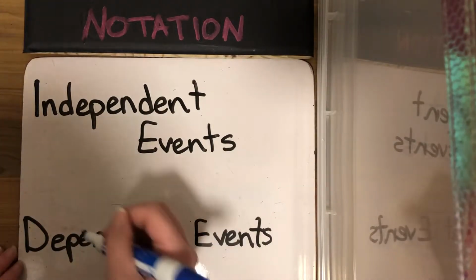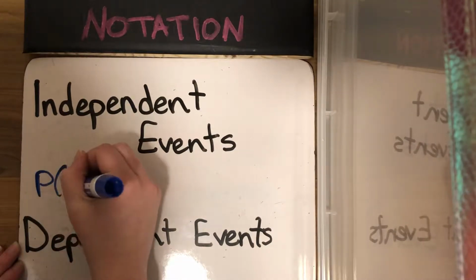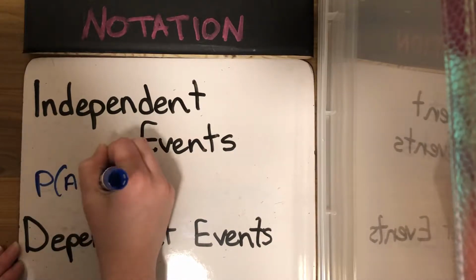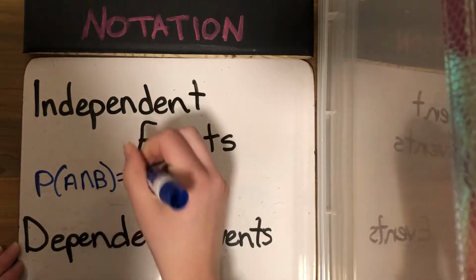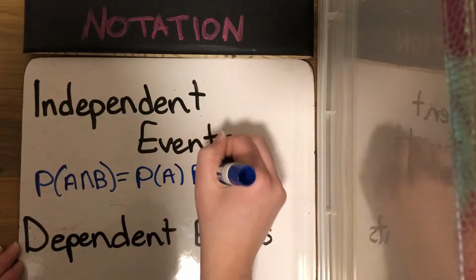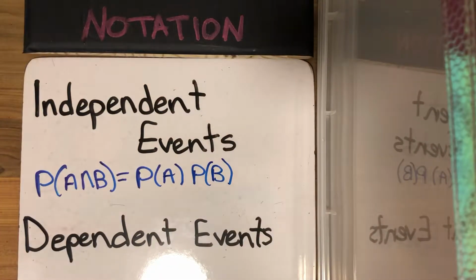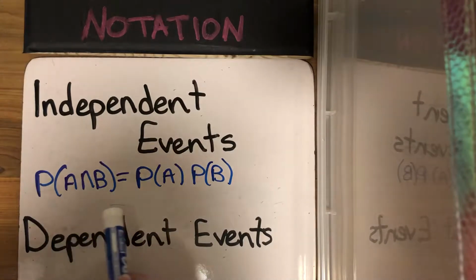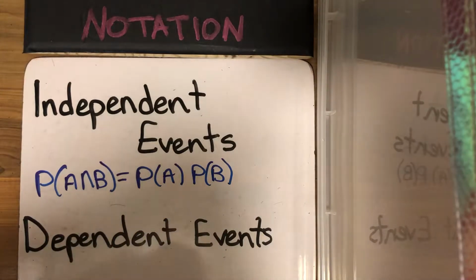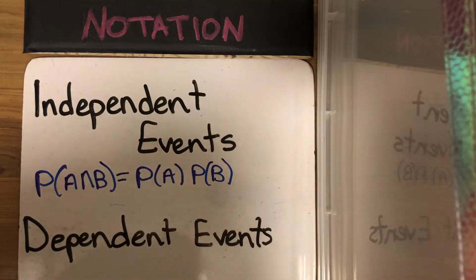So the formula for independent events is the probability of A intersecting B equals probability of A times probability of B. That is the formula that we will need to know for independent events to solve the problems that are coming later.